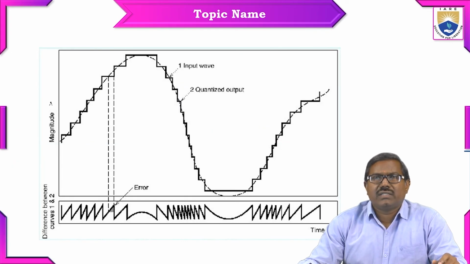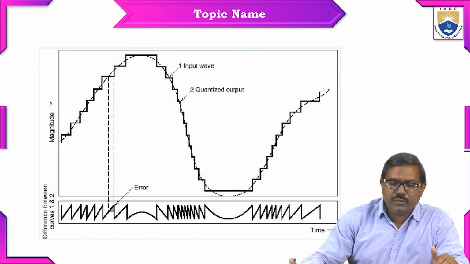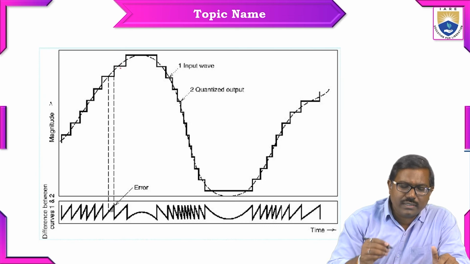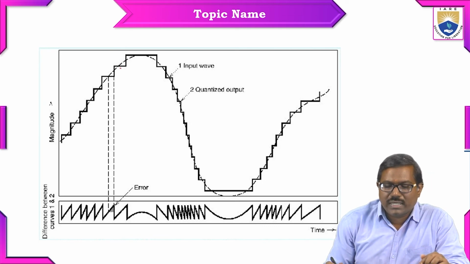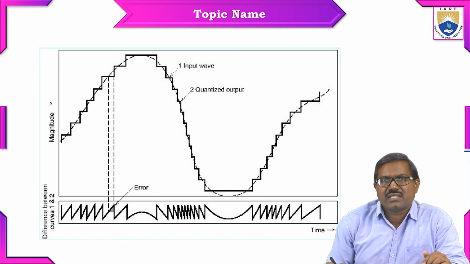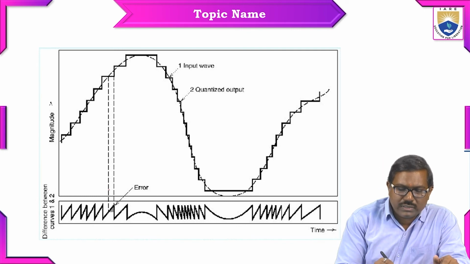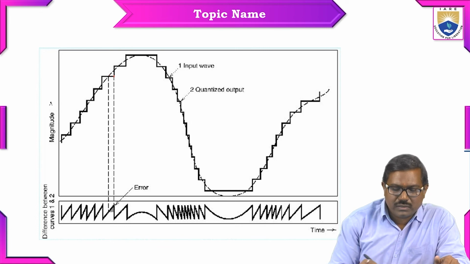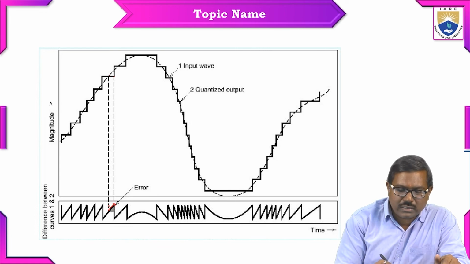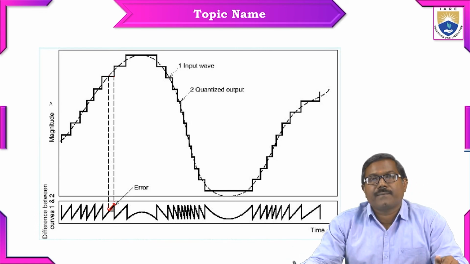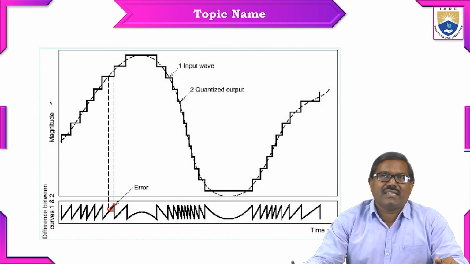So here again you can see the input value is a sinusoidal, and the quantized output you can see here. So that is the difference. So this is the error, and this error is called quantization error.